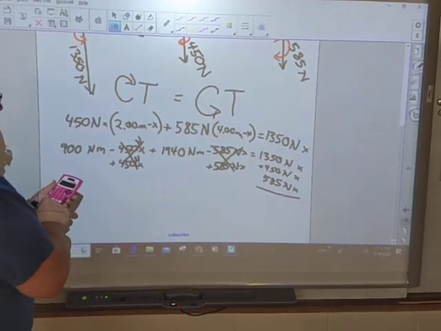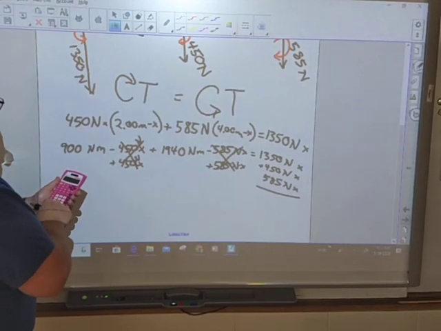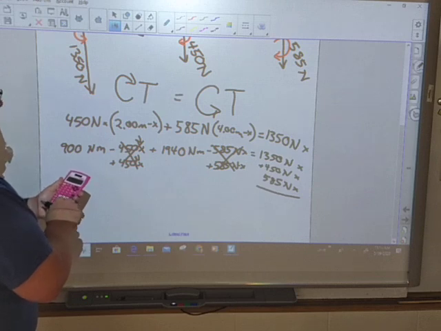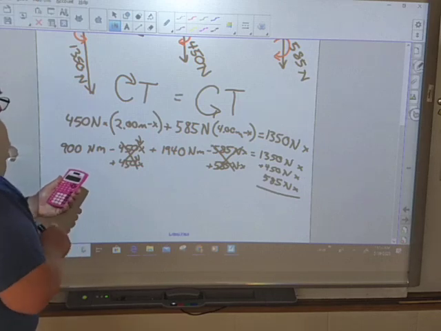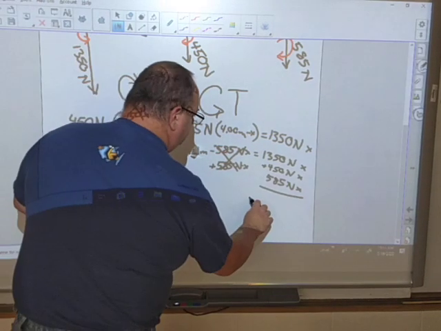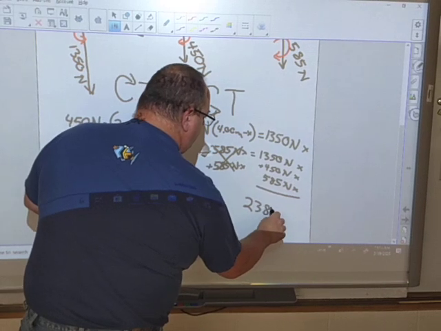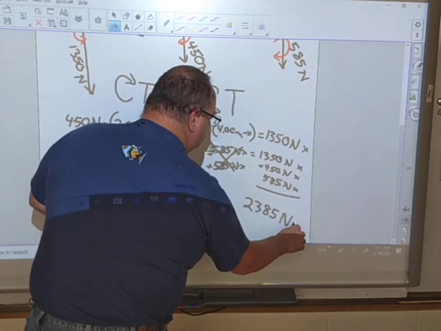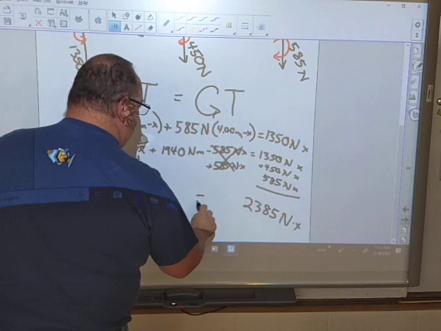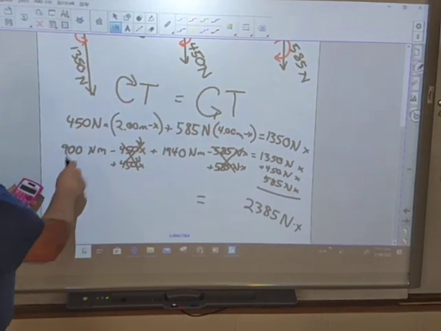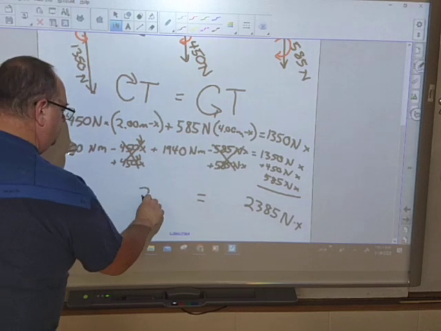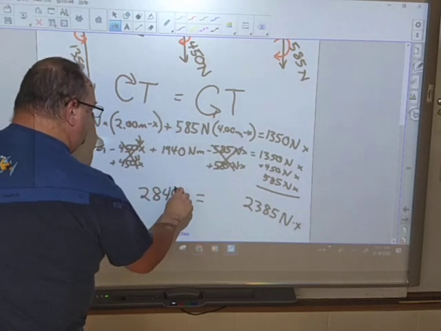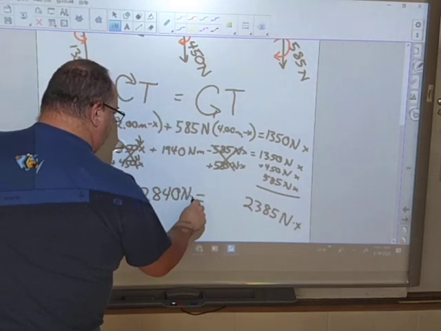On that side, 1,350 plus 450 plus 585 equals 2,385 newtons times x. On this side I have 900 plus 1,940, 2,840 newton meters.